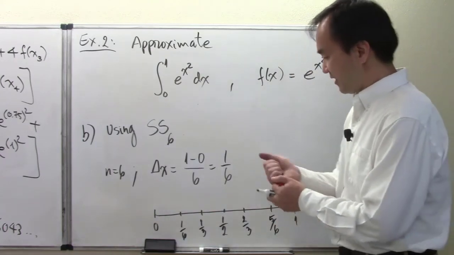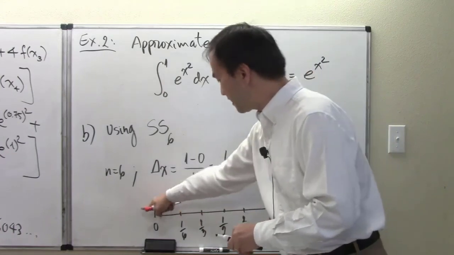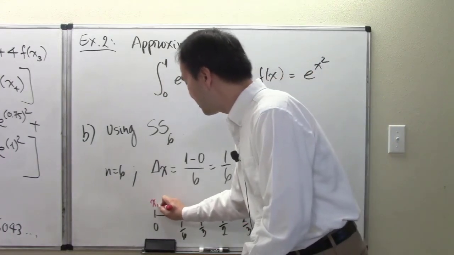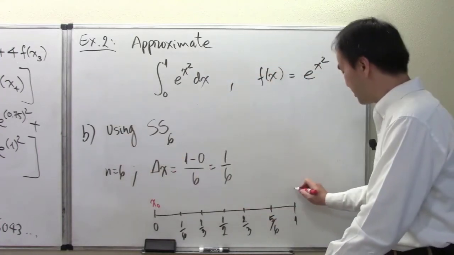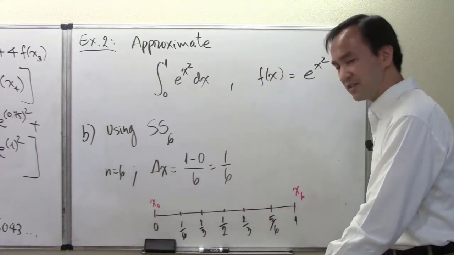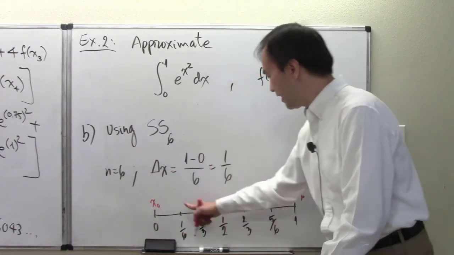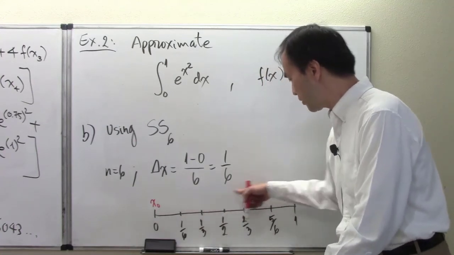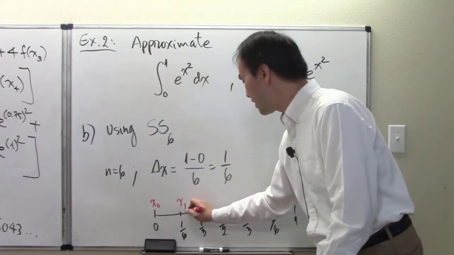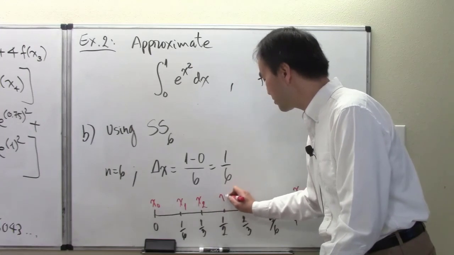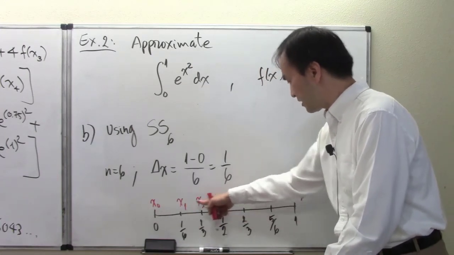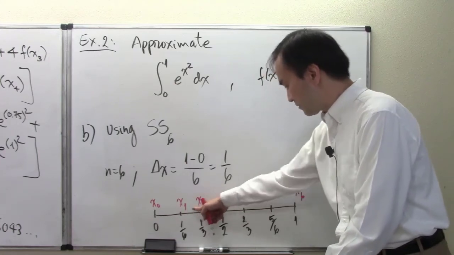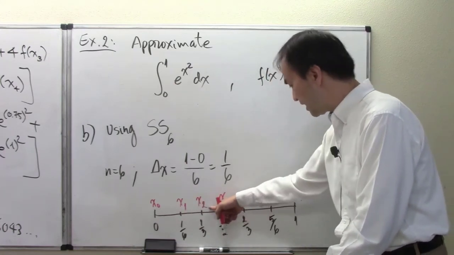And so yes, again, the very beginning point, I call it x0. The very ending point here, there are 6 subintervals, so x6 is the last one of our interval. And starting with x1, x2, x3, and so on. So x1 is here, x2 is here, x3 is here. Some partition points have odd index, and we have some with even index right there.